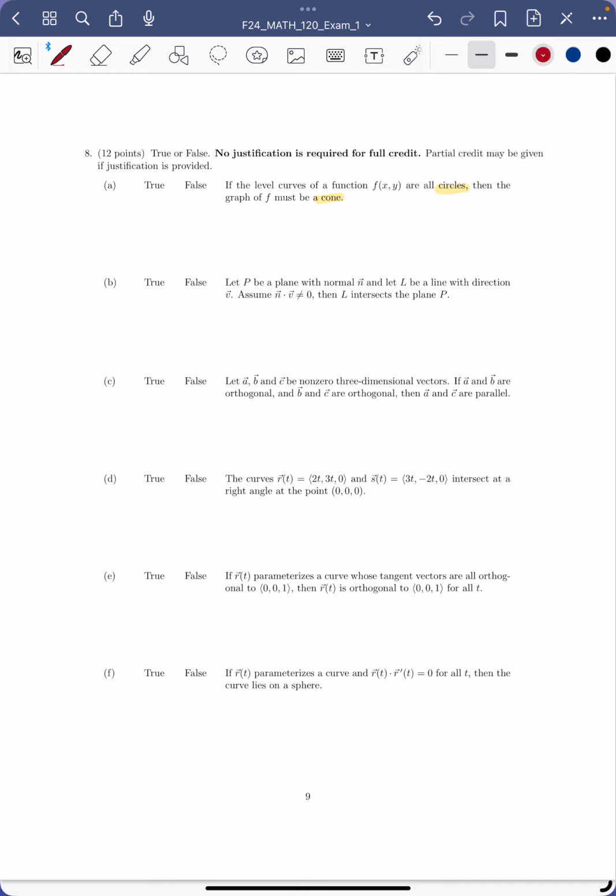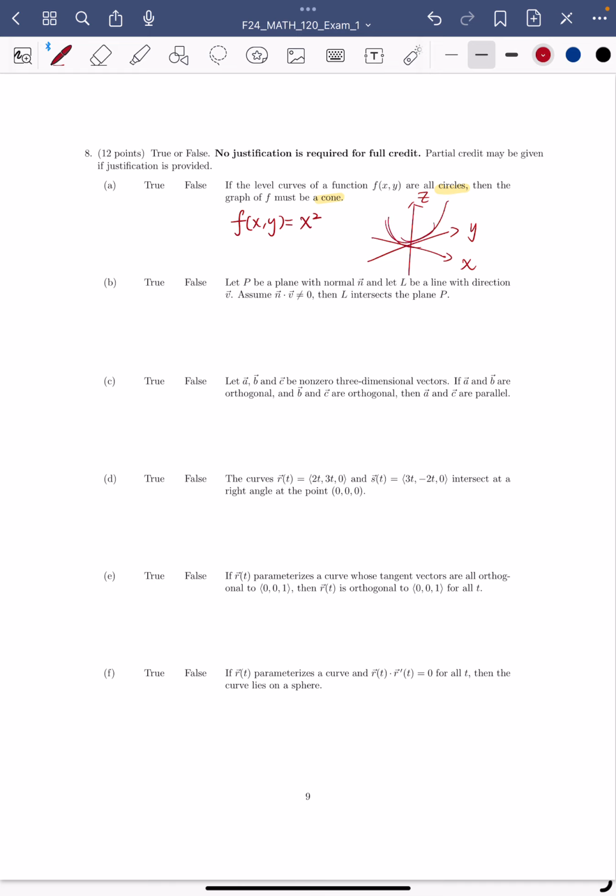Okay, nope, because you have, like, f of x, y equals x squared, so that it should look like x squared, which is like a paraboloid.